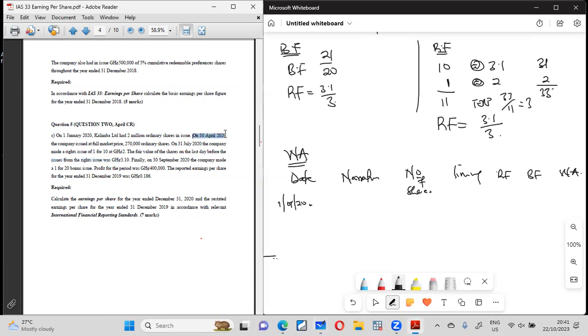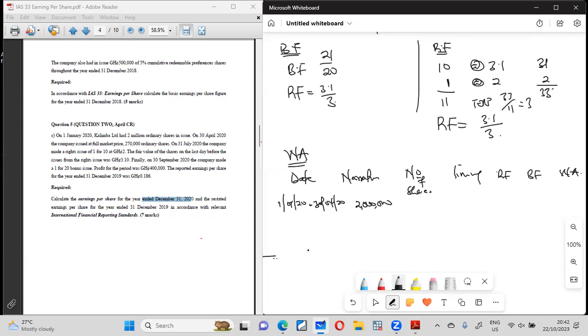So it started in April, April 30th. We are doing everything here in December. Then they asked us to do the restatement. So January to 30th April, how many shares were there? 2 million shares.